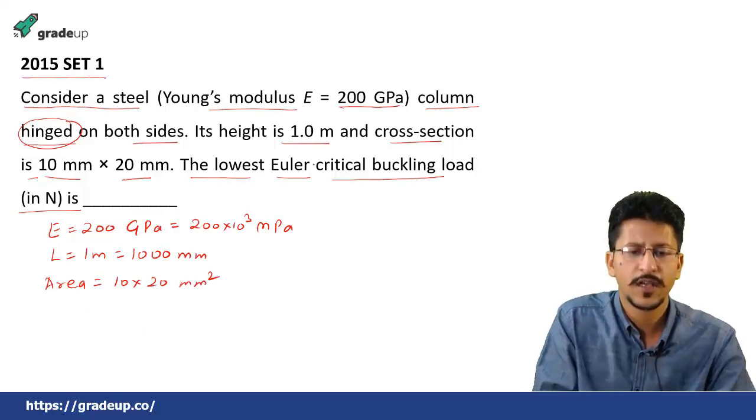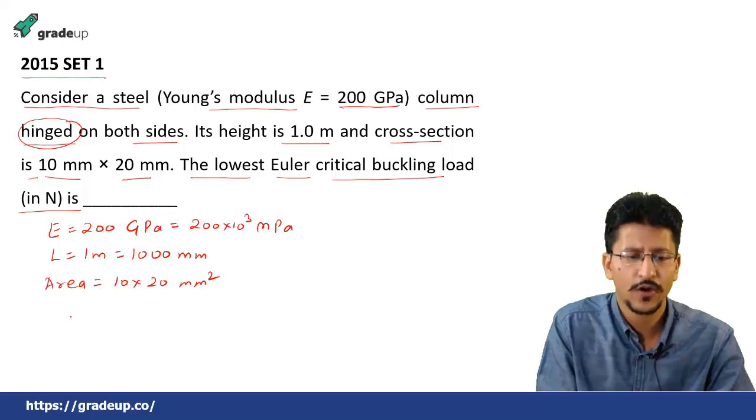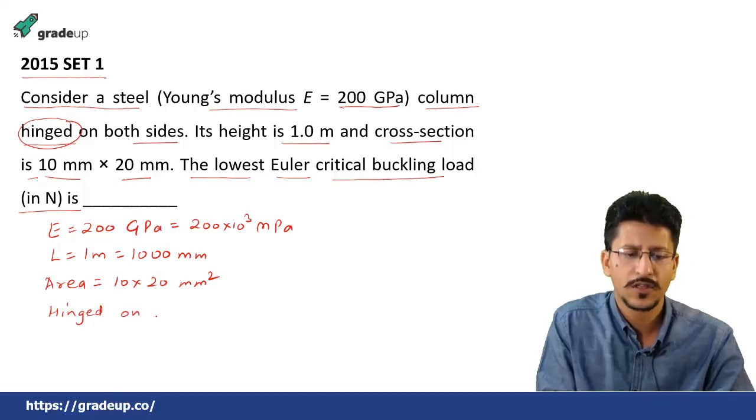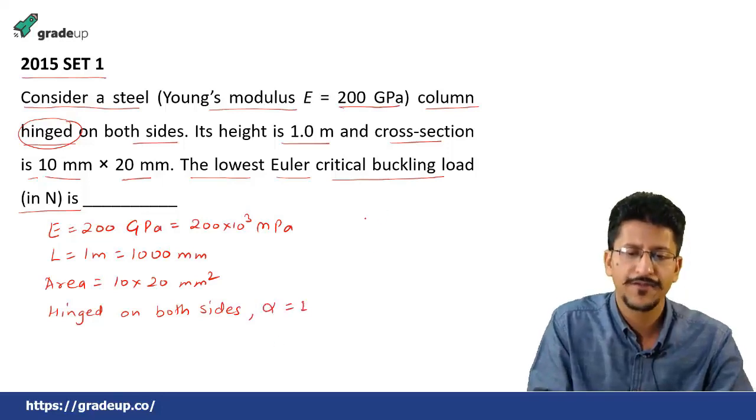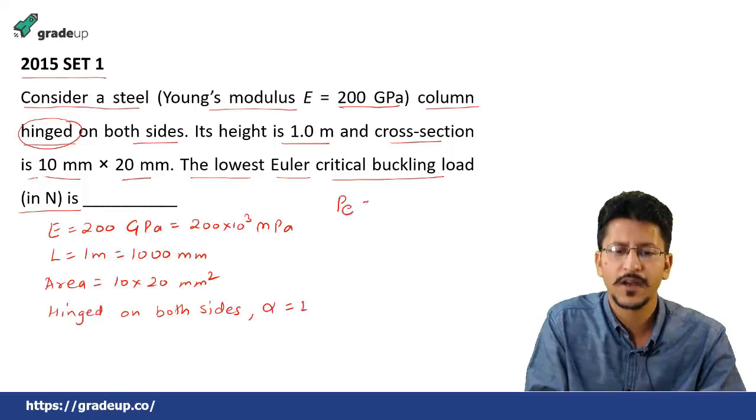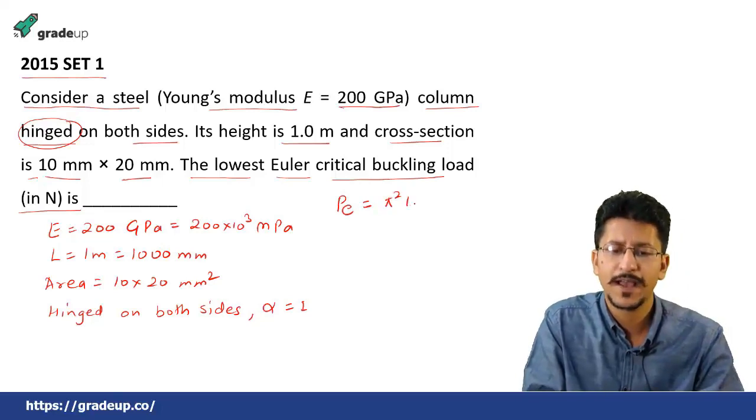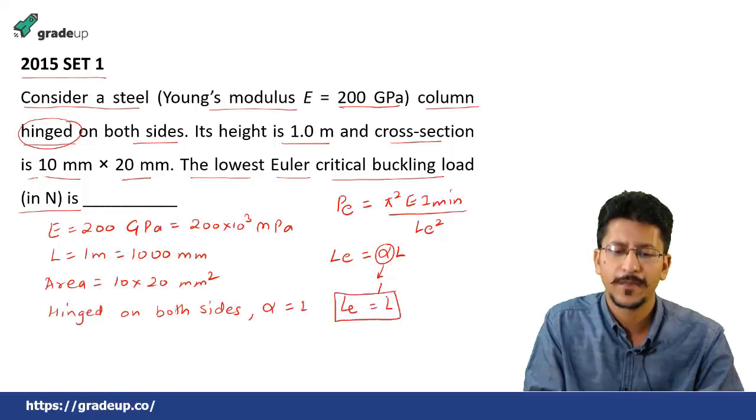So we have to find out the lowest Euler critical buckling load, and it is the case of hinged on both ends. Hinged on both ends, that means the value of alpha is equal to 1. We have the formula for the Euler critical buckling load given by PE equal to pi square EI minimum upon LE square, where LE is nothing but alpha into L, and in this case alpha is equal to 1, so LE, the effective length, will be equal to L only.